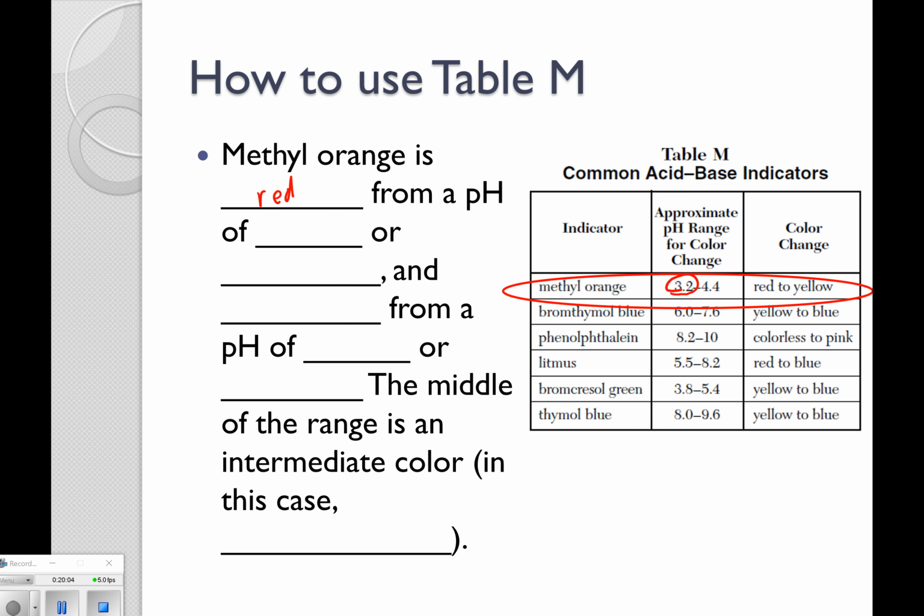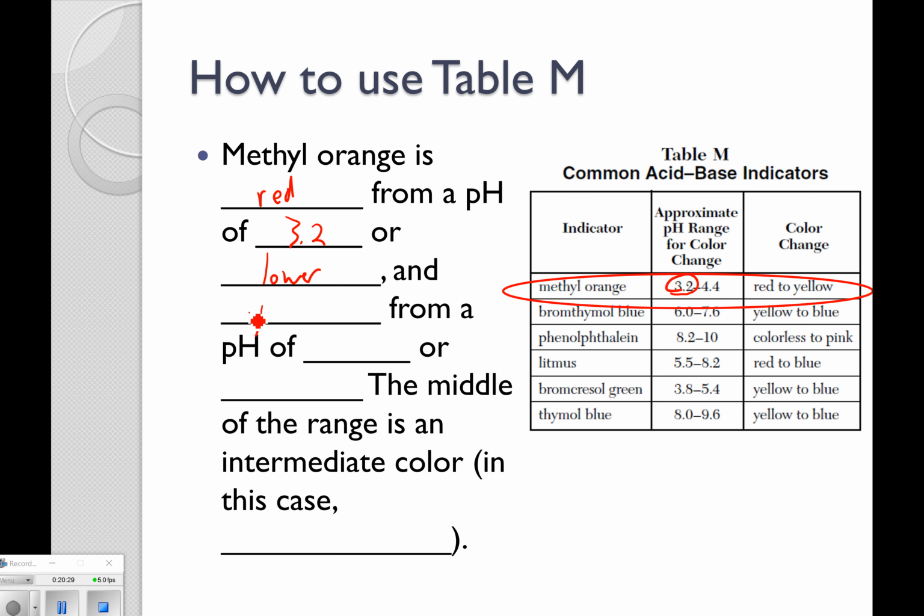So methyl orange will show red from a pH of 3.2 or lower. So anything at 3.2 or lower, we're going to see a red color. So if this is a pH of 1, it would still be red. If it's a pH of 3, it would still be red. We only see a change here across the range.